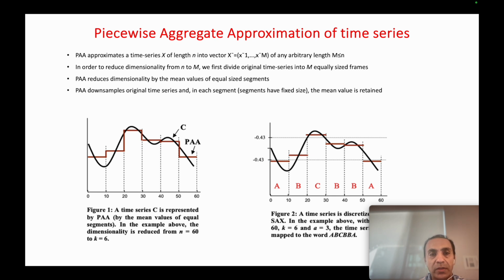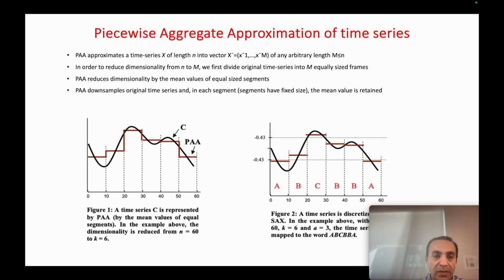In order to reduce dimensionality from n to m, we first divide the original time series into m equally sized frames, and that's how PAA reduces dimensionality, by using the mean values of equal sized segments. For each segment we identify the mean of that whole segment and then use that mean to reduce dimensionality. So the PAA method downsamples the original time series, and in each segment, where each segment has a fixed size, the mean value is retained.